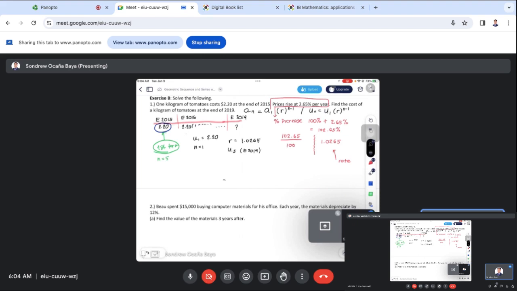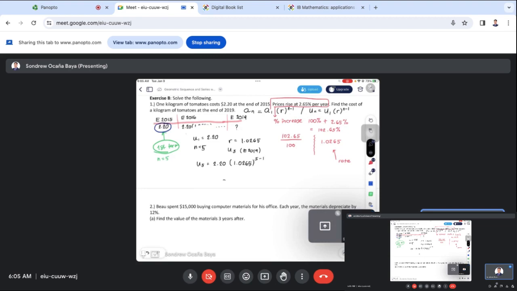Okay, so we now use the formula. So we have u sub 5 is equal to our first term, which is 2.20, multiplied with our rate 1.0265, raised to the power of n, which is 5, not 1, so 5 minus 1.